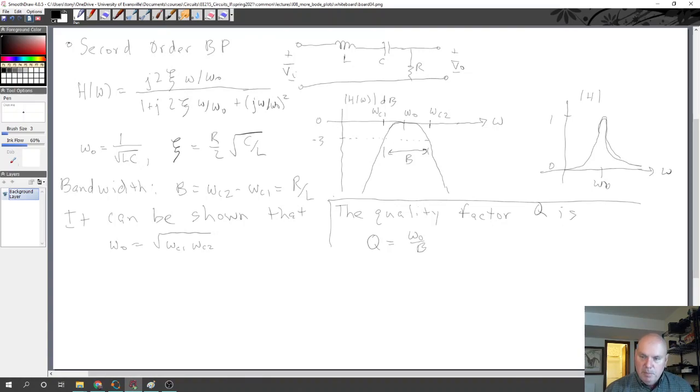So instead of specifying the bandwidth and omega 0, you may see omega 0 and Q specified, but that directly gives you the bandwidth. And from our expression for the bandwidth here, we see that Q would be omega 0 L over R.